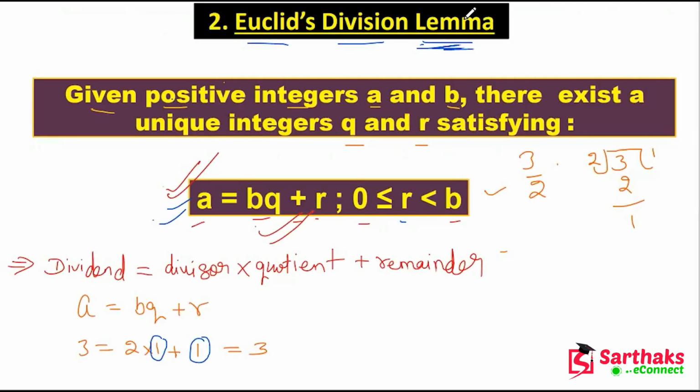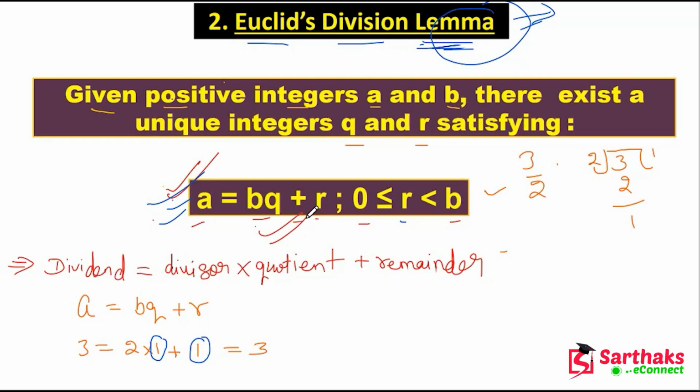It means this statement is already proven, and we use this statement to prove another statement. So this is the meaning of lemma. Here the lemma is saying that this statement is already proved, so we do not need to prove it, and by using it, we have to prove another statement, another theorem.